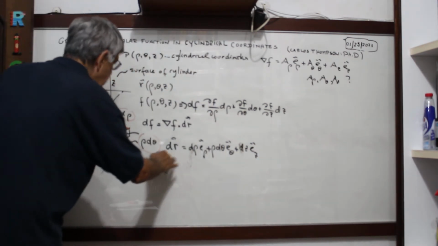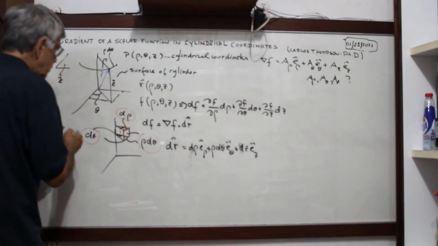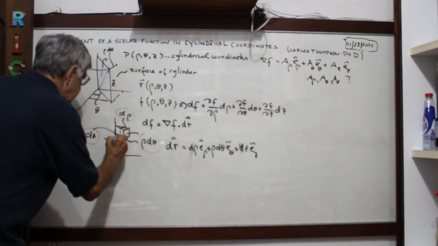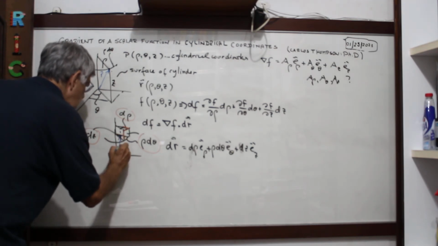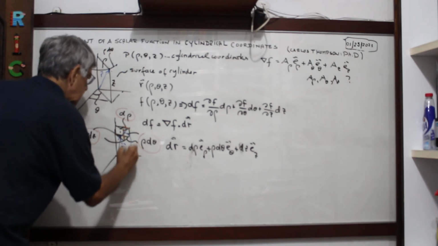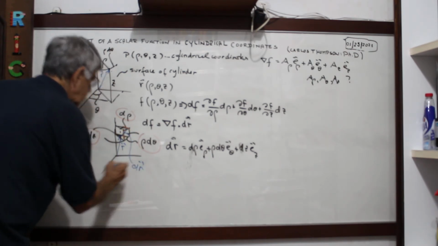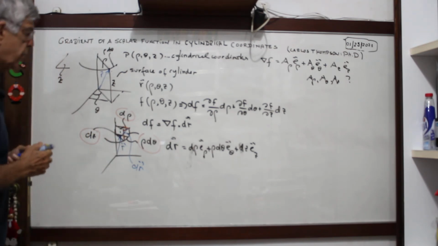That is the differential of the position vector. This is the position vector r, and this is dr, a sum of these three lengths.